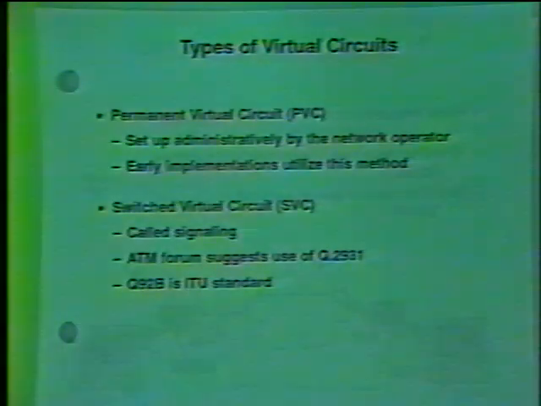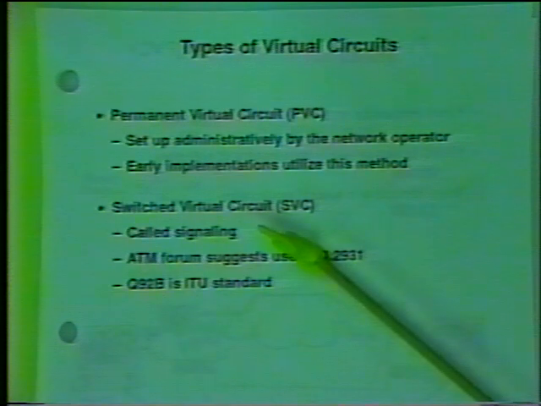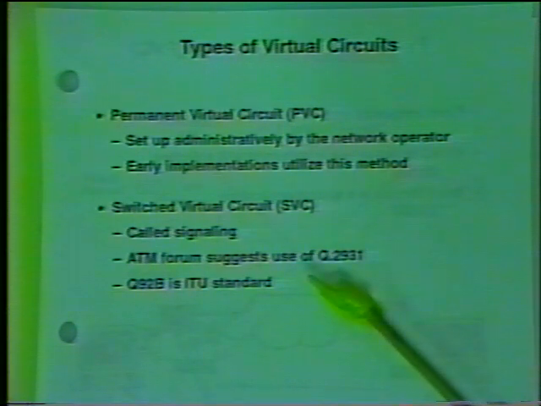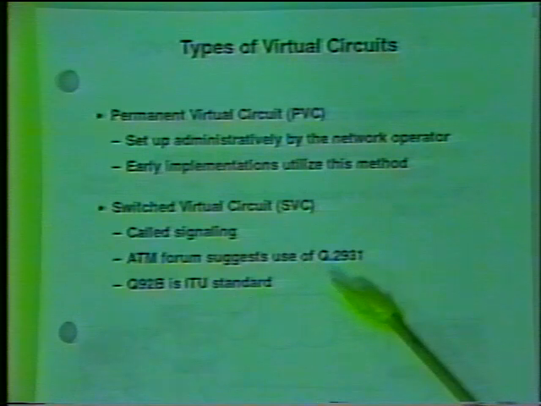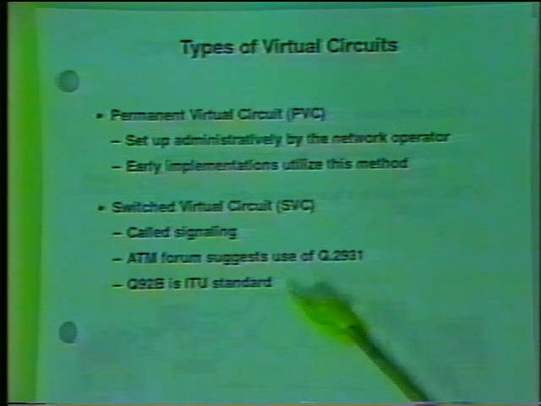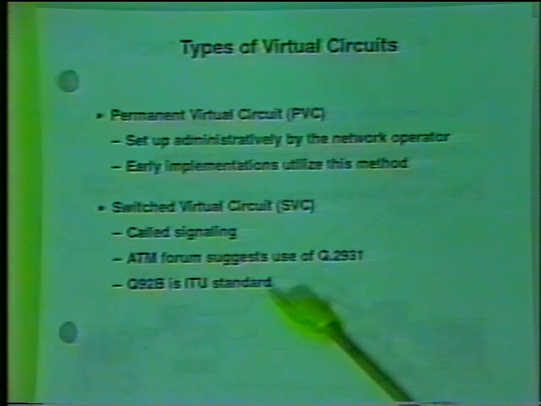The second type was the switched virtual circuits, and this is referred to as signaling. There is an ATM standard, the Q.2931, and then there's an ITU standard here. But again, Cray does not implement switched virtual circuits, or SVCs. However, I should mention, we do have some sites that implement signaling as a software package they buy from Force Systems, our ATM vendor, and that SVC software package is called SPANS.